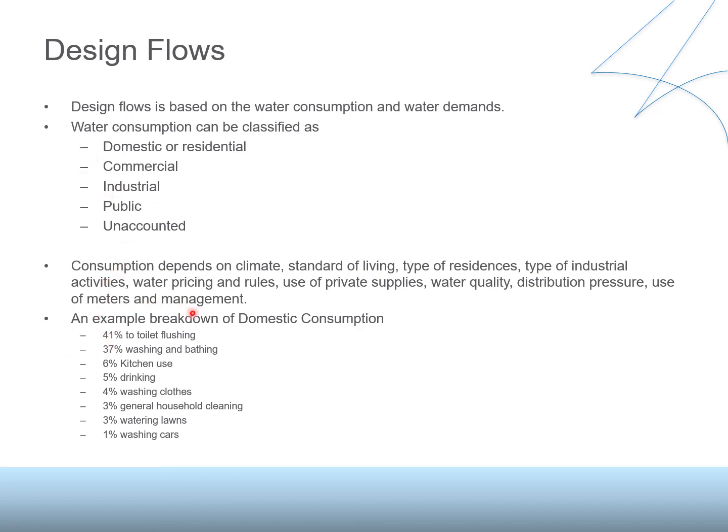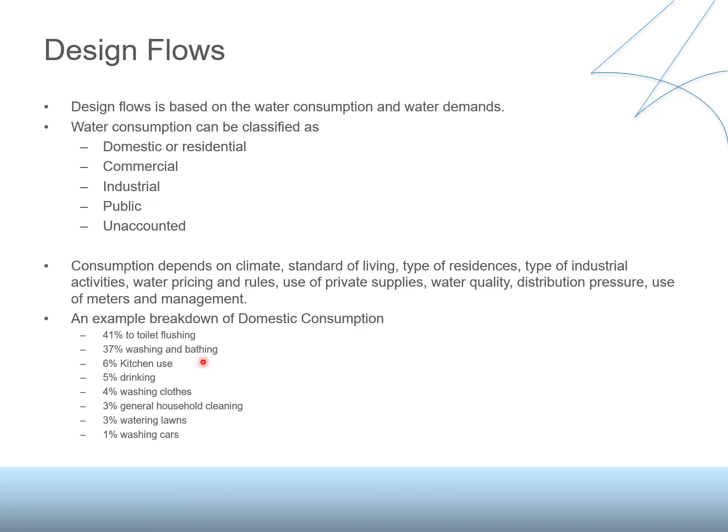Now let's see the domestic water consumption. This is just a snapshot. Here we can see a water consumption breakdown: 41% of water goes for flushing, 30% for washing and bathing, and so on. But this is just an example, water consumption at one particular location at one particular time. It depends on location.